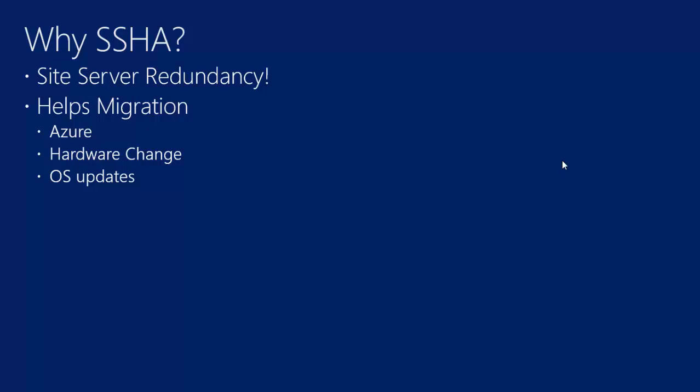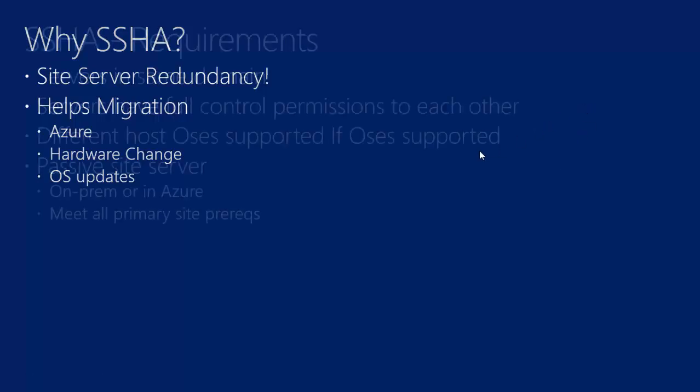Works great, and then when it comes time and you want to migrate totally to Azure, just flip the Azure server to active, and then you can have a passive on-prem site server. You can remove it altogether, whatever you like. Hardware changes, right? OS updates, all of those. This could help in those scenarios.